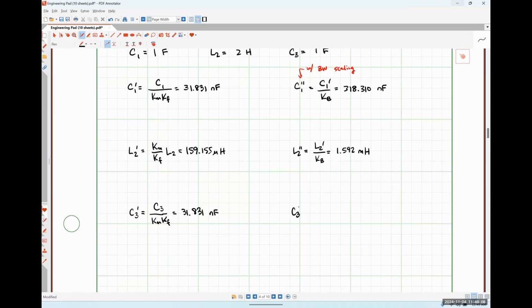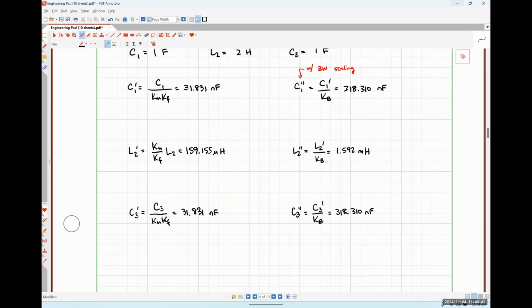And so C3 double prime would be C3 prime over our bandwidth scaling factor, giving me once again 318.310 nanofarads. So for our quote unquote normal elements, meaning the ones that we just ripped straight from our low pass filter table, it looks like all we're doing is the same basic scaling that we've done before, and then we're dividing by our bandwidth scaling factor, okay?